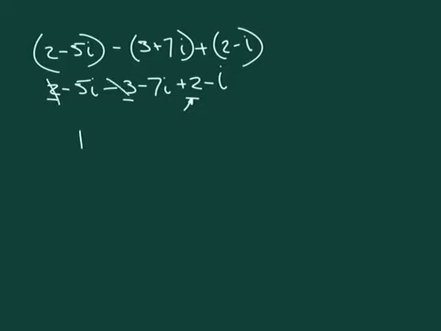Now I have negative 5i, negative 7i, and a negative i, which gives negative 5 minus 7 is negative 12, minus 1i is negative 13i. And you're good to go there. So, again, if you just treat these i's as if they're variables, as far as adding and subtracting, you're fine.